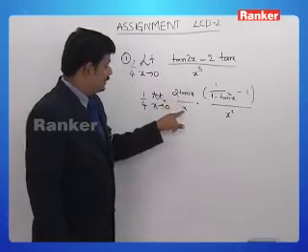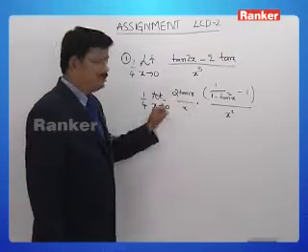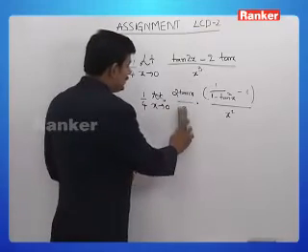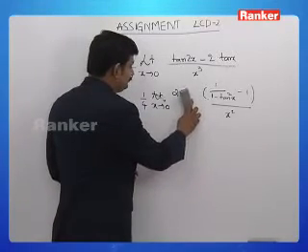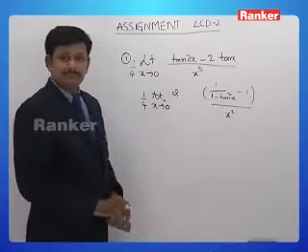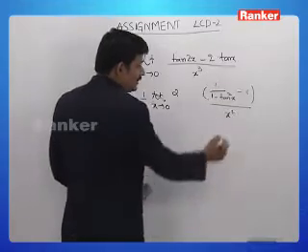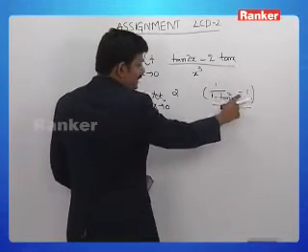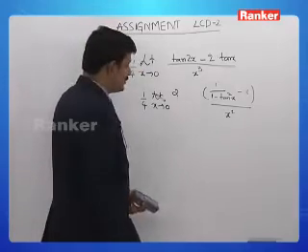Now, we all know tan x by x as x tends to 0 is 1. So, we can replace tan x by x with 1. Now, simplify, take LCM, 1 and 1 gets cancelled, minus of minus tan square x is tan square x.